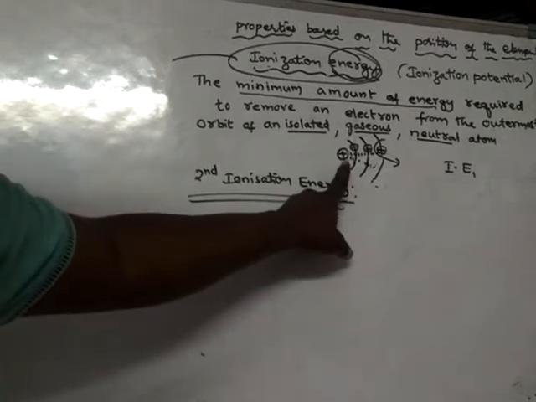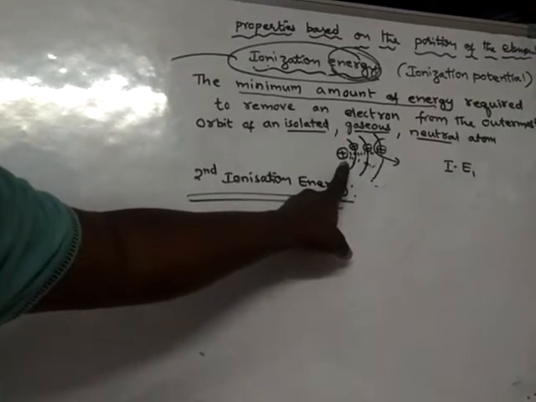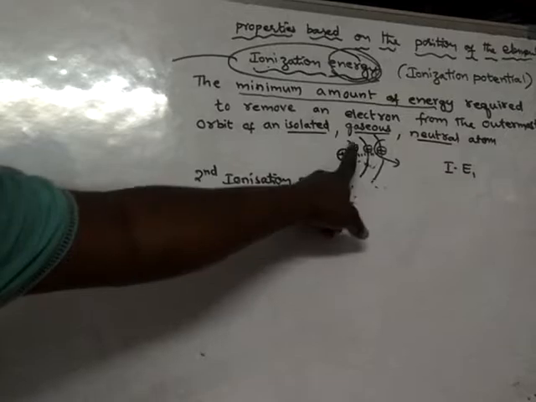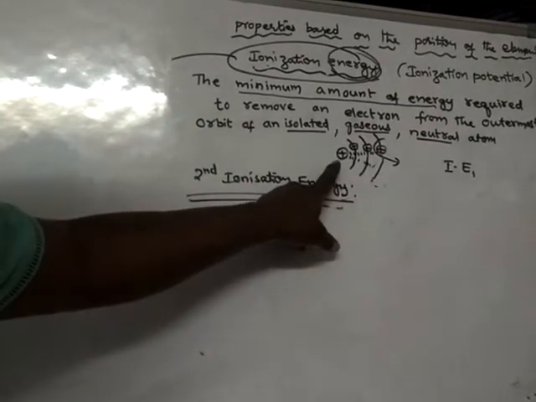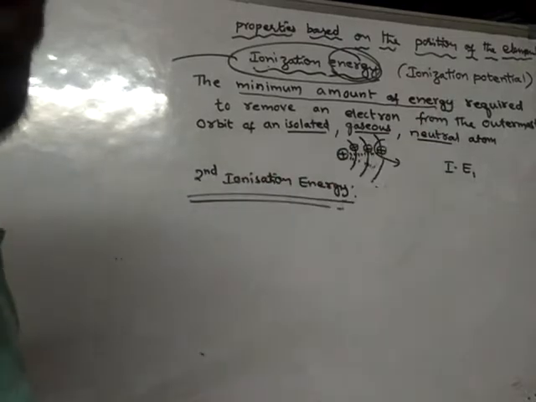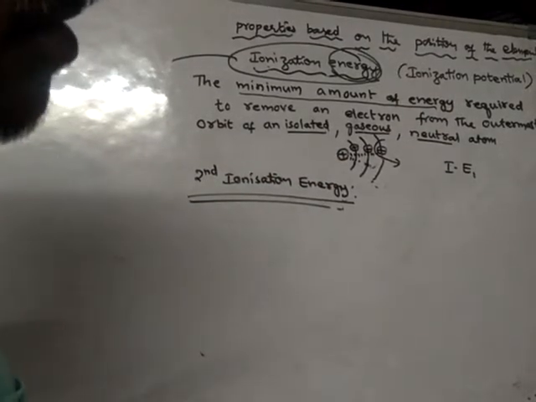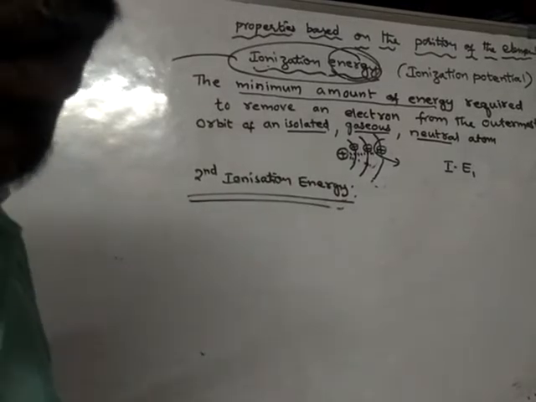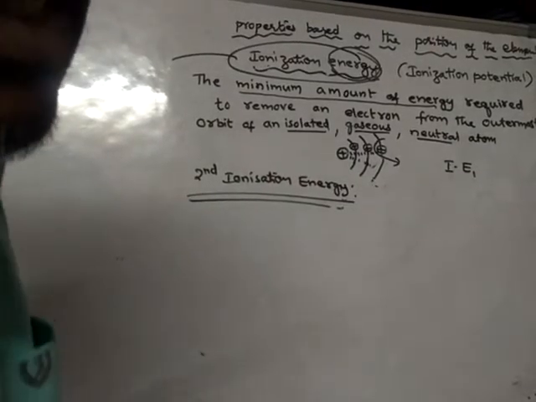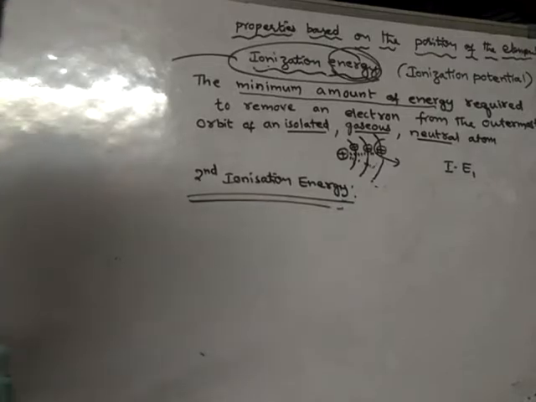The nucleus has 11 positive charges, more than the number of negative charges, after removal of the electron. So the nucleus becomes more powerful than in the previous case.